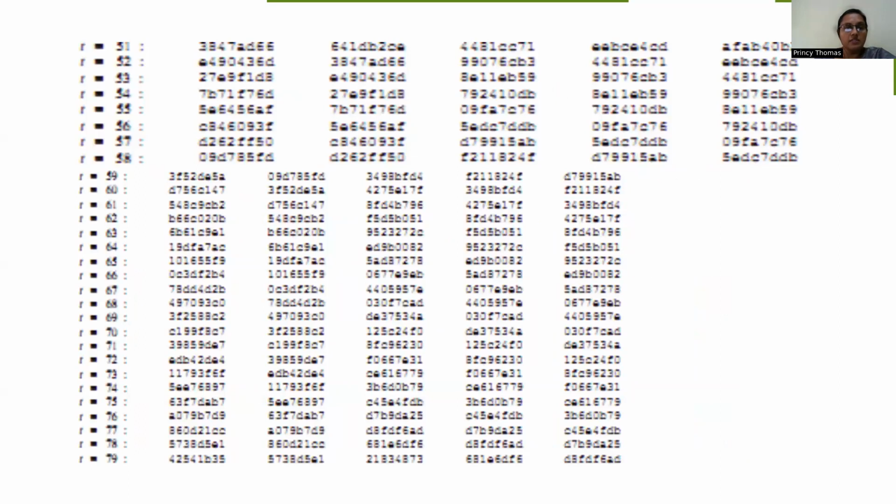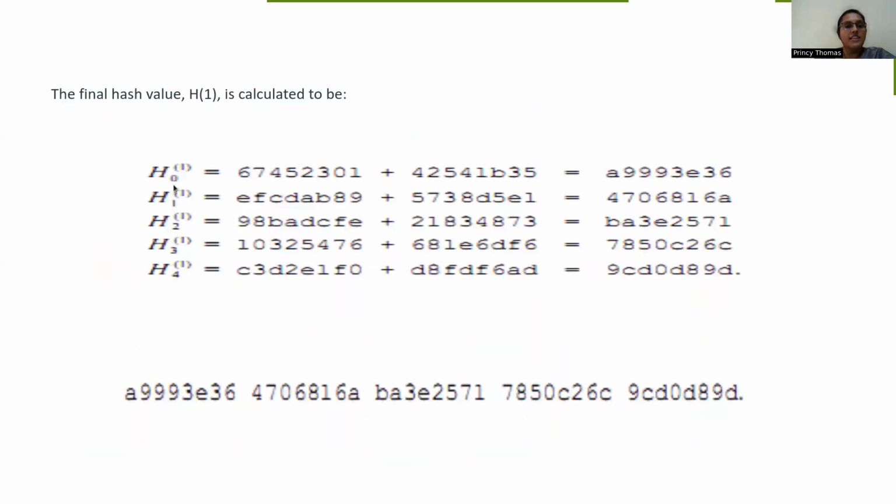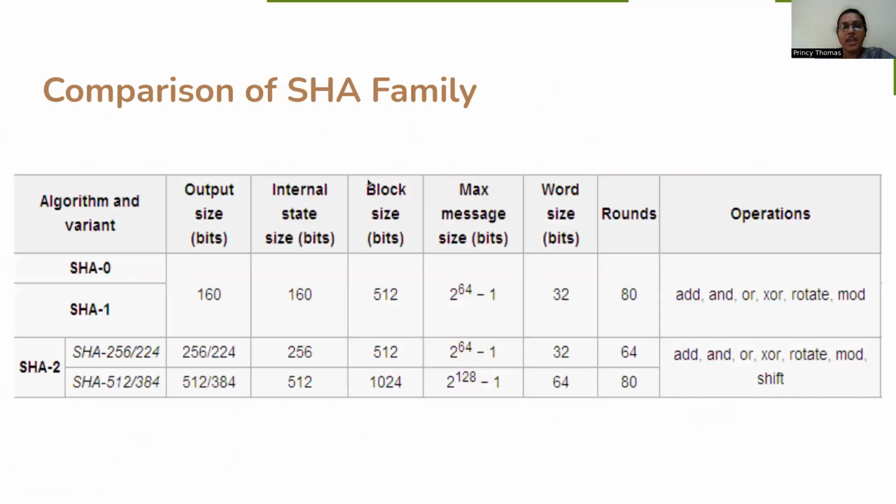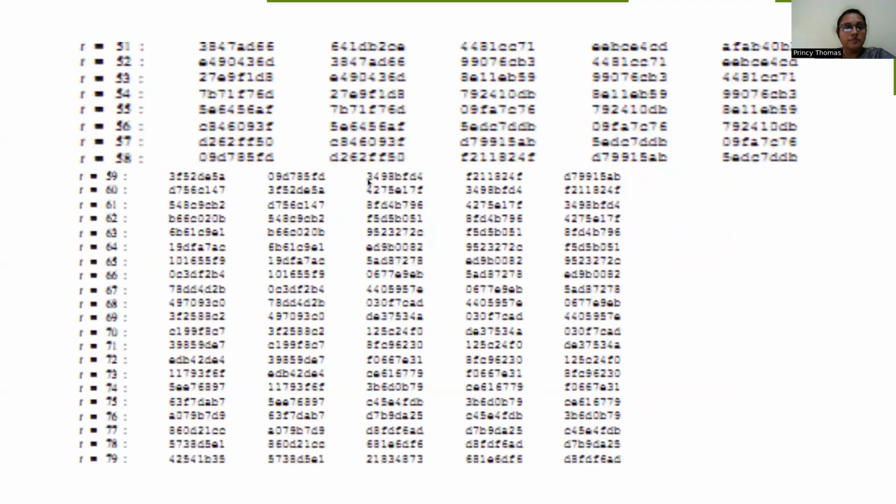Finally, the value which we get for H0 is going to be added with the previous value. See, the first one I will show you, 67452301, and this is A, right?